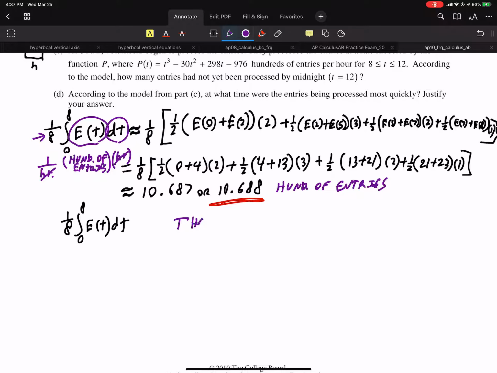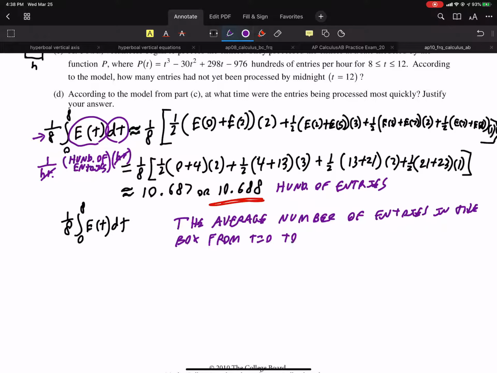So the average number of entries in the box from t equals 0 to 8 is 10.688 hundreds of entries.